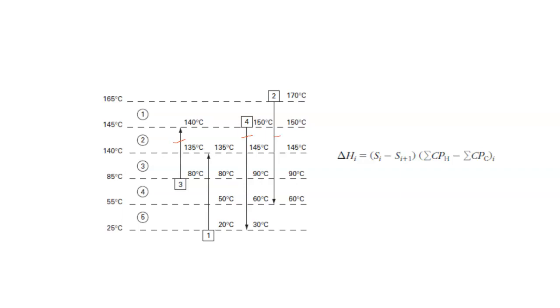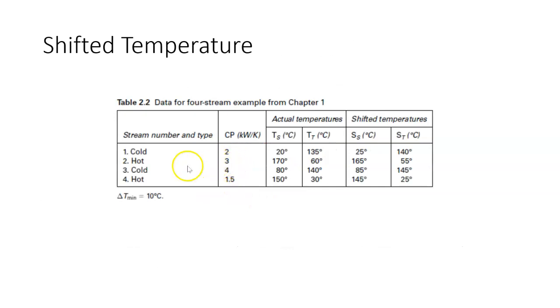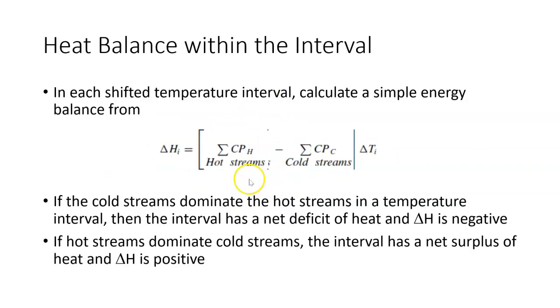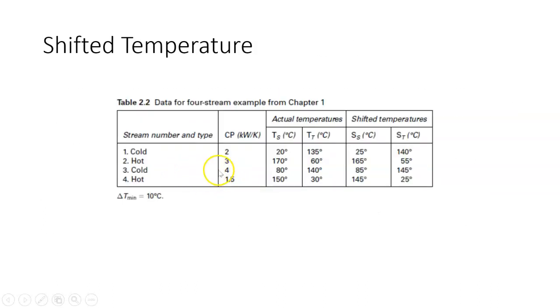Stream number 3 runs from 80 to 140, stream number 4 goes from 150 to 30, and stream number 2 goes from 170 to 60. That means stream numbers 2 and 4 are hot streams. So for hot streams, I will calculate the CP for stream number 4 and stream number 2. The CP values for stream numbers 4 and 2 are 1.5 and 3 respectively.